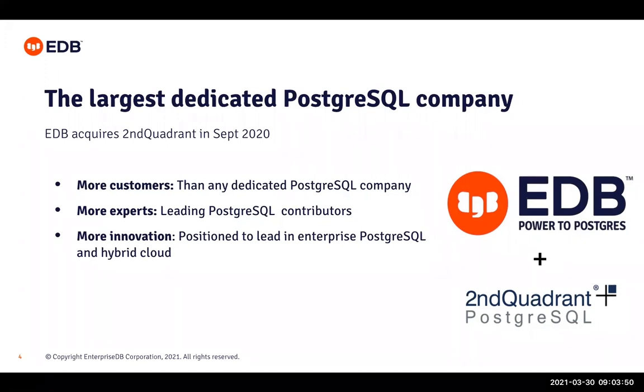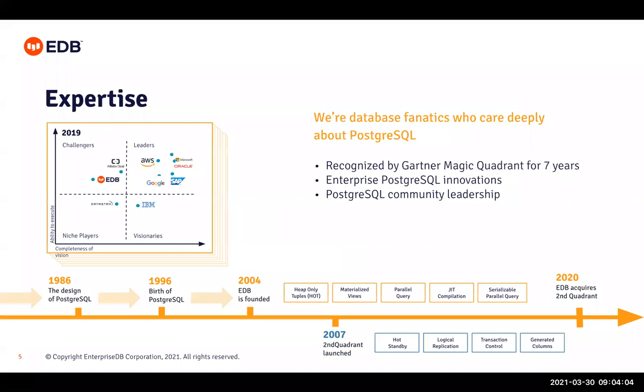And that, of course, means that we can now innovate even more than we did before and really be positioned as a market leader. We have been database fanatics since 2004, and we have been on the Magic Quadrant in the past 7 years, which shows that we are a leader in open source, because if you look at this slide, you'll see that there are no others on this slide that are open source providers.